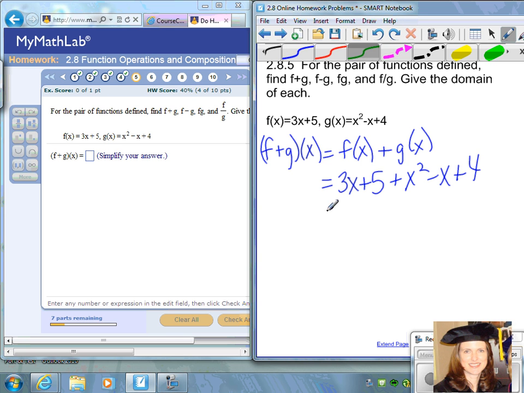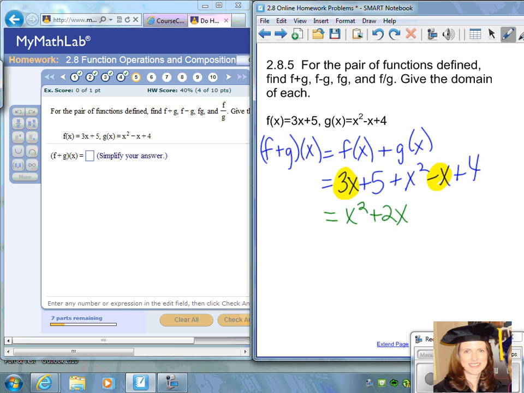By combining like terms and starting off with the greatest exponent, x squared, we're going to simplify this. X squared, when we combine 3x and minus x, that is going to give us plus 2x, and then when you combine the constants 5 and positive 4, you get a plus 9. That is our f plus g of x.